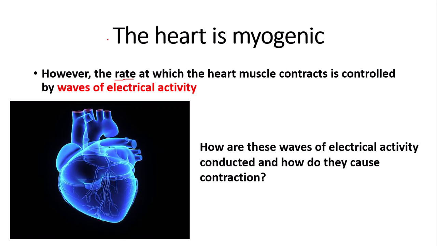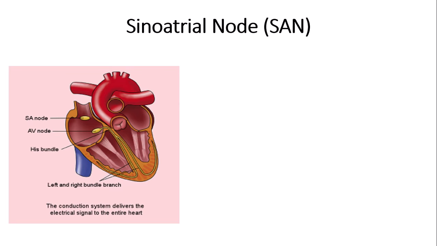But the main focus of the video today is how are these waves of electrical activity conducted, and how do they cause contraction? So the first part of the heart that causes electrical activity is called the Sinoatrial Node, or the SAN.